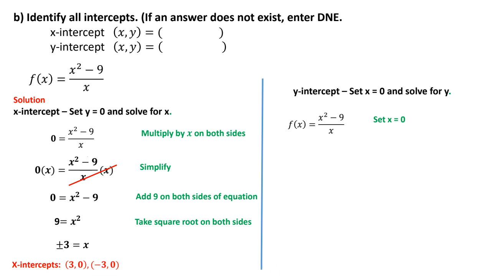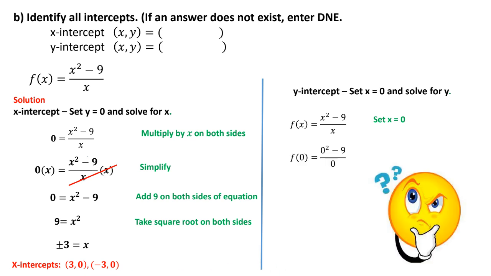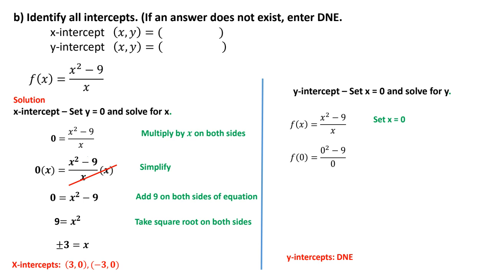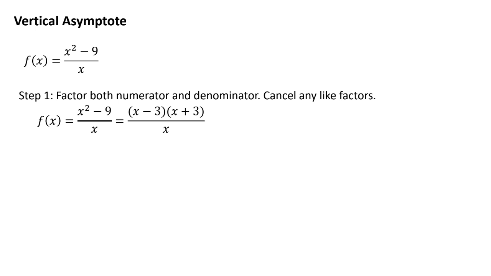And then for the y-intercept, we're going to let x equal 0. So if I input 0 here and 0 here, then I cannot divide by 0. So that means that we have no y-intercept. That does not exist. Okay, so let's try the asymptotes. For the asymptotes, we want to make sure that we factor if we can.